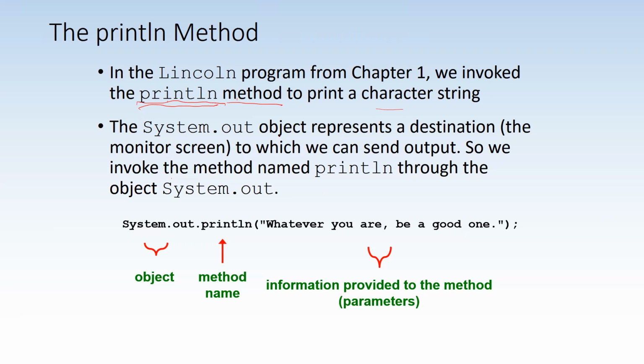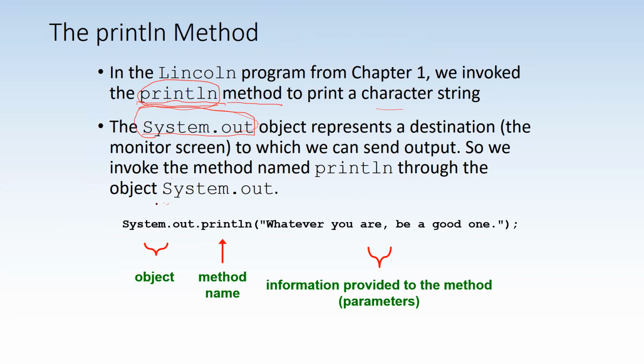And the System.out, this is an object. And this println is a method of this object. Okay, so as I said, out means out onto the screen. So this represents the destination, the monitor screen, right? To which we can send the output. So we invoke the method named println through the object System.out. And you don't quite understand this yet.